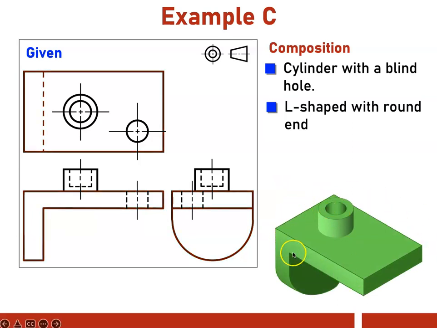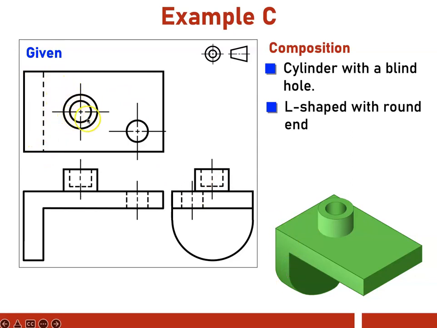So I identified the rectangular prism, and I knew that we had something that was a half circle down here, just from the views. So this hidden line tells us that there is something down there, and it satisfies that.